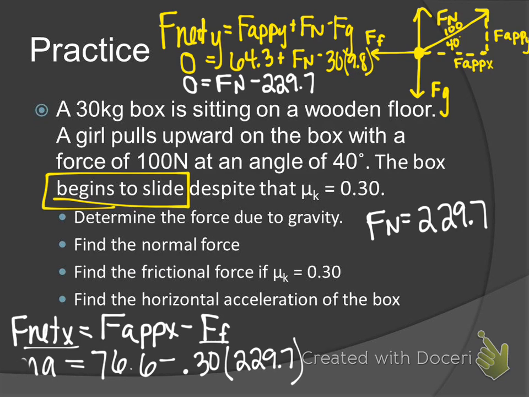And sorry, we can get rid of our mass here, and we're going to write 30, because that's our mass. All right, Thomas, what'd you have? 0.26 meters per second squared. That's what I had.